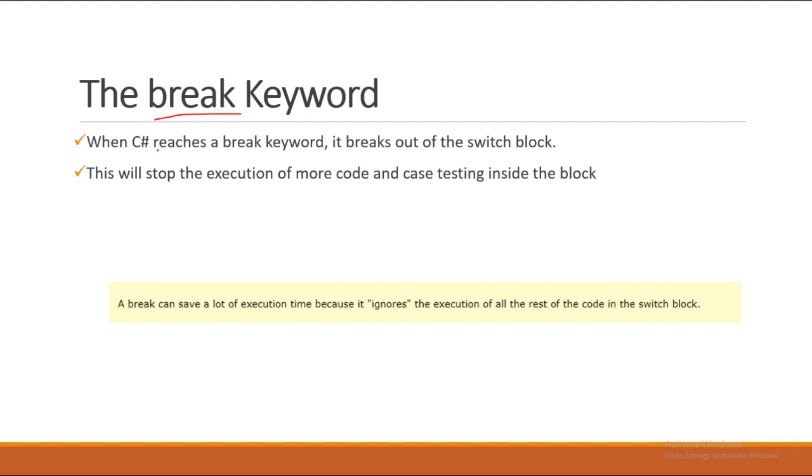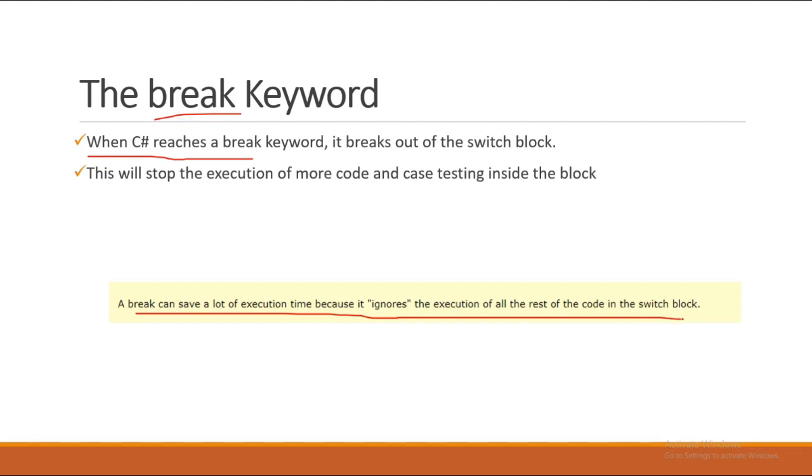Okay, the break keyword. When C sharp reaches a break keyword, it breaks out of the switch block, and this will stop the execution of more code and case testing inside the block. A break can save a lot of execution time because it ignores the execution of all the rest of the code in the switch block.